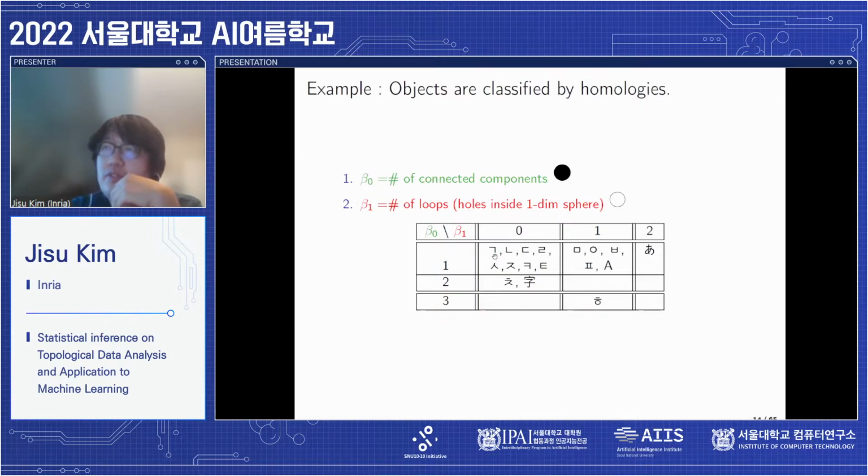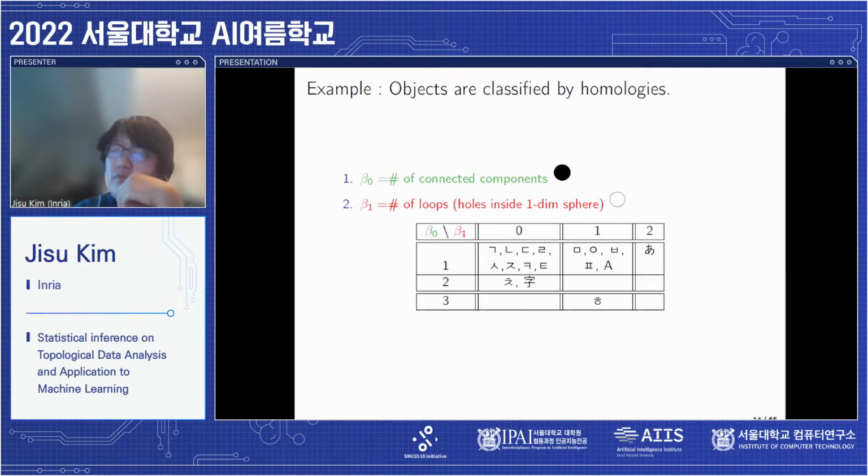So for example, this one and this one are topologically the same because when you rotate this one by 180 degrees, then you will get this one.